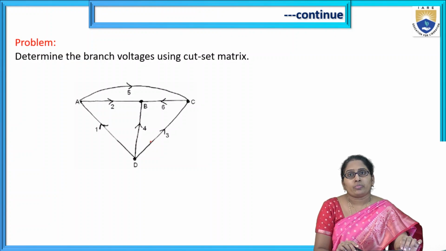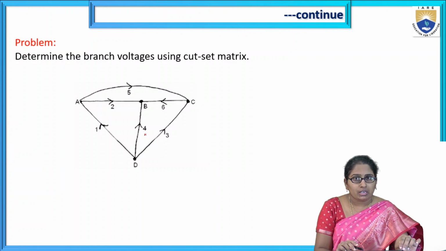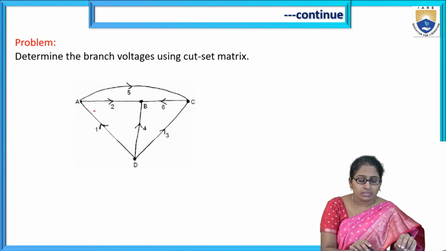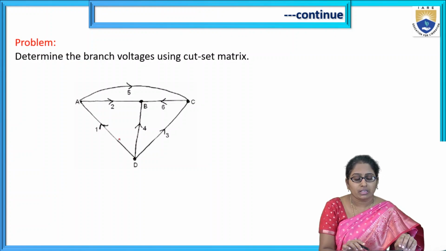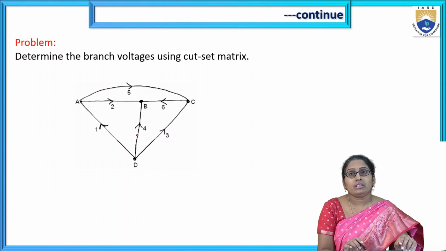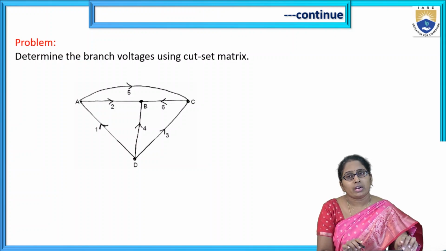If you look at the graph, there are 4 nodes, A, B, C, D, and the branches are 1, 2, 3, 4, 5, 6, so 6 branches. Here the nodes are given alphabetical letters. In my previous lecture, I explained nodes taken with numbers and branches with alphabetical letters, and at that time I mentioned that the notations may vary.